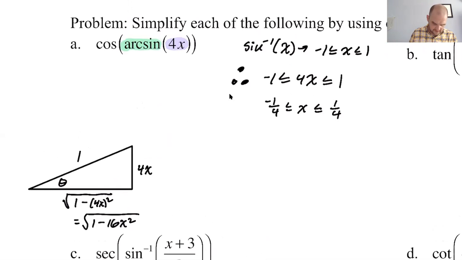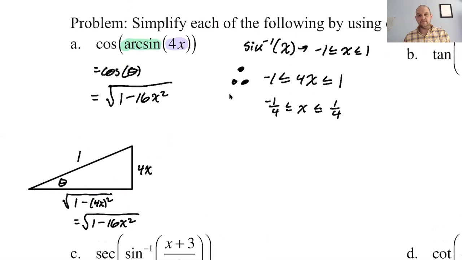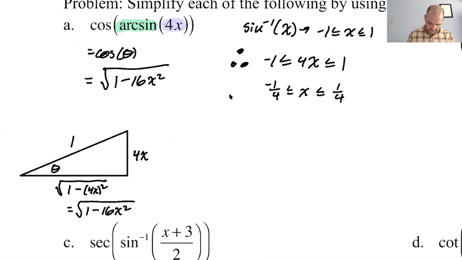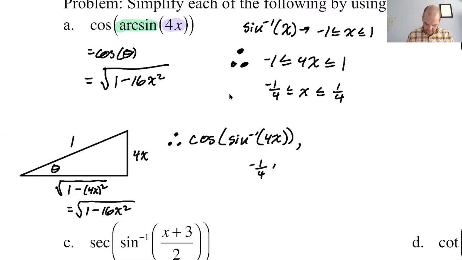Well, the cosine of theta is going to be radical 1 minus 16x squared over 1, which is just radical 1 minus 16x squared. But the answer to the question, so I'm going to say, therefore, the cosine, you don't really need to do this, but I think it's better to do it, and you should always try to do the better thing, is this.